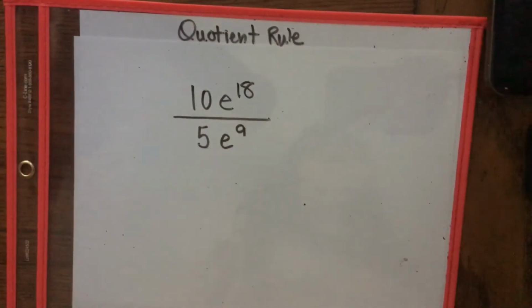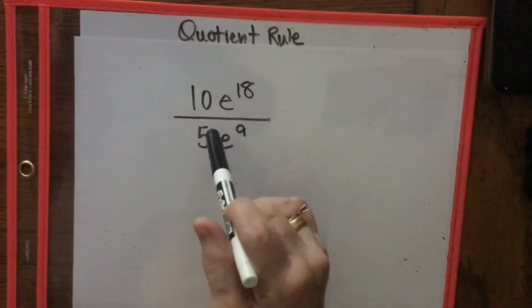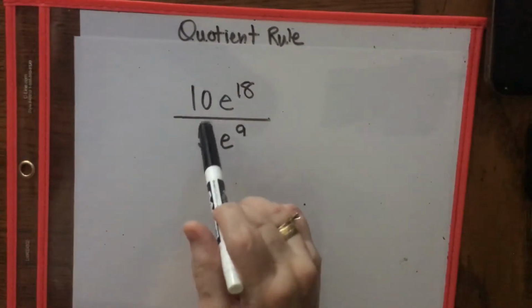So let's look at something that's maybe the next level up. So we have our quotient rule here, and we have a quotient because we have a fraction that has some numbers in front of it along with our exponents. So we can't have this to a base of 10 and base of 10 and base of 5.